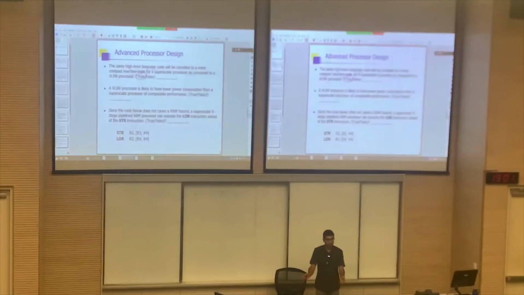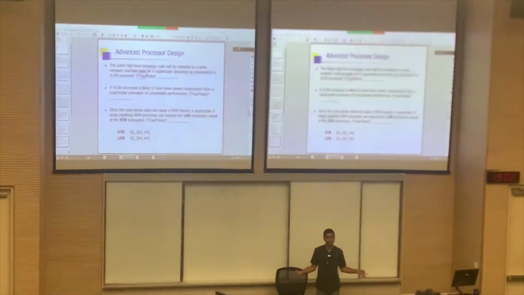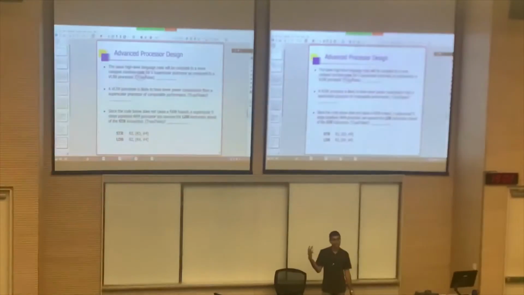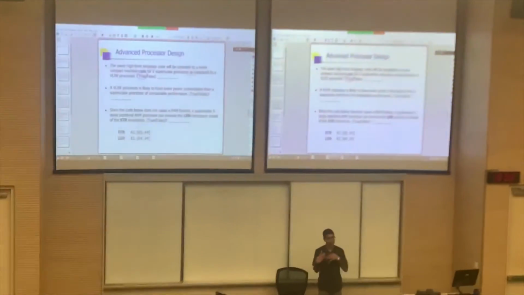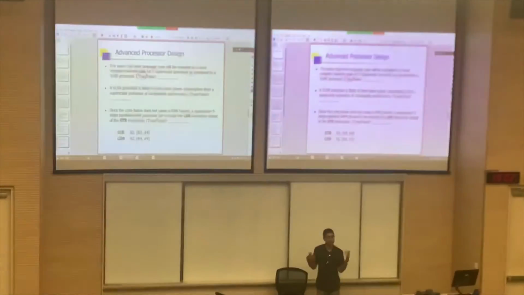Right? The hardware will take care of everything. So your code can be as compact as it could be. Whereas for VLIW, the compiler has the responsibility to deal with a lot of hazards, and the compiler has to find and bundle independent instructions.